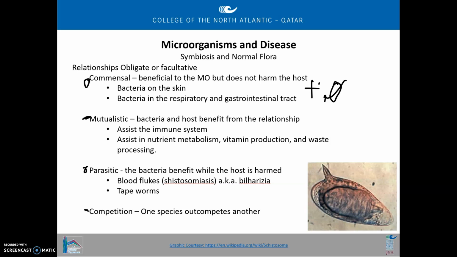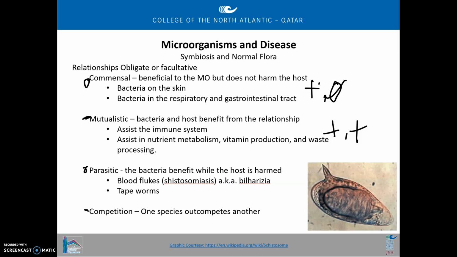The next relationship we can look at is a mutualistic relationship. Now, a mutualistic relationship is a positive relationship. Both organisms in that relationship, the host and the symbiont, benefit. So we call this a plus plus relationship. If we look more specifically at bacteria and our normal flora, for example, these can assist in our immune system.